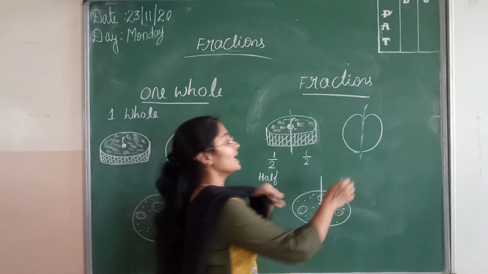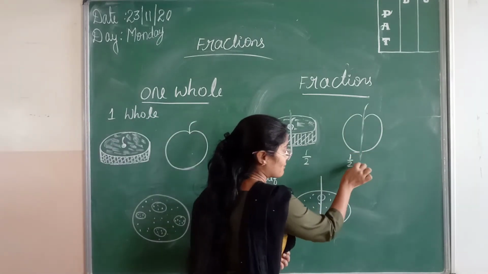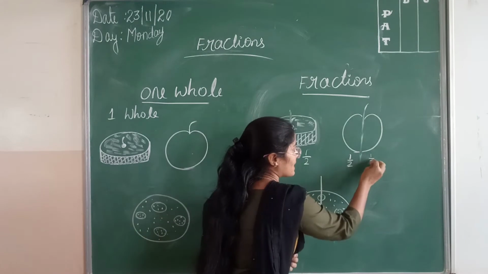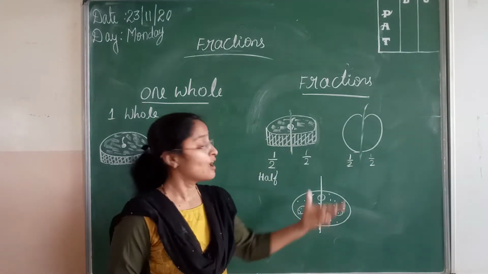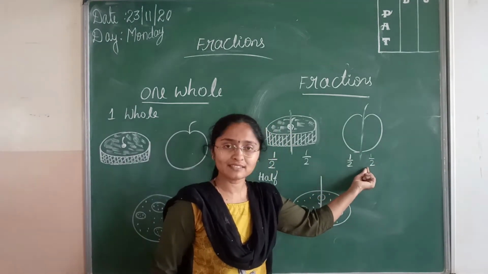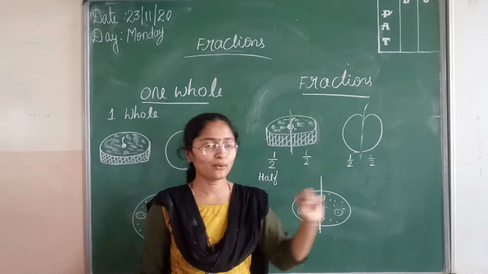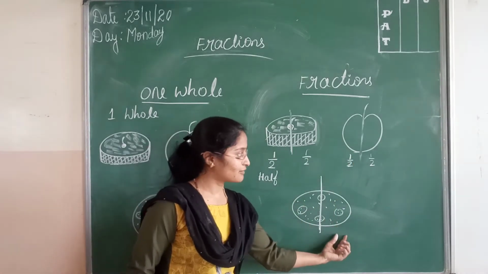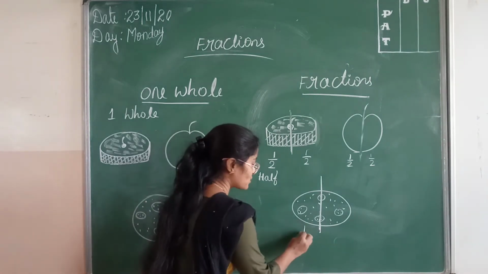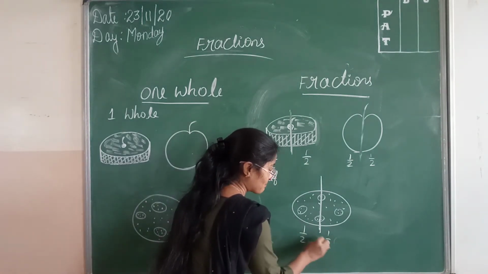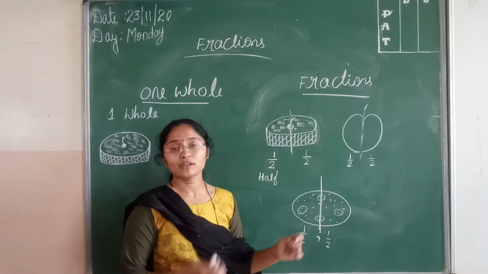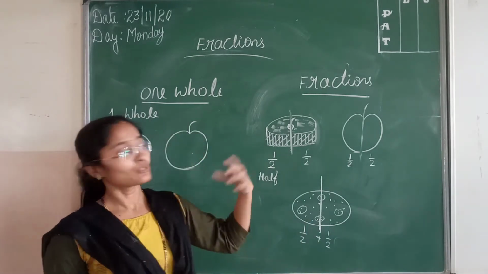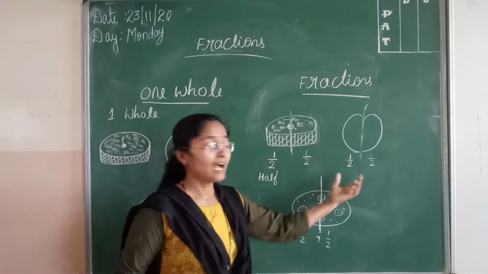In the same way, here we have a half part of an apple and here also a half part of an apple. When we join these two parts, we will get one whole. And in the same way, a half part of a pizza and another half part of a pizza. When we join these two parts of pizza, we will get one whole pizza. So this we call half.